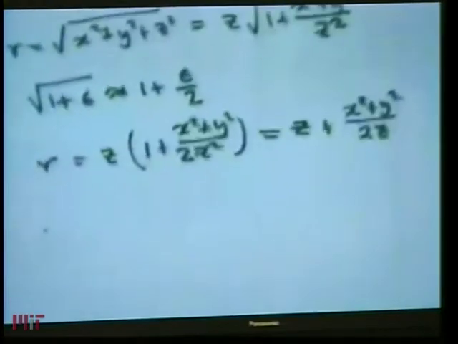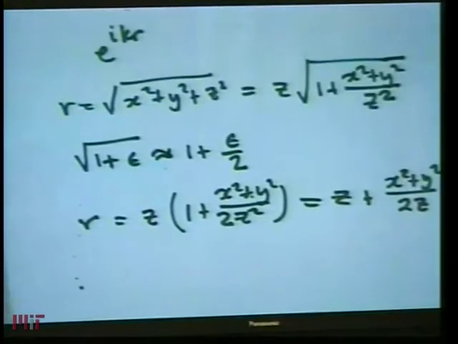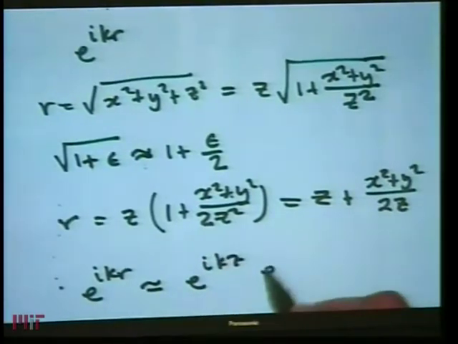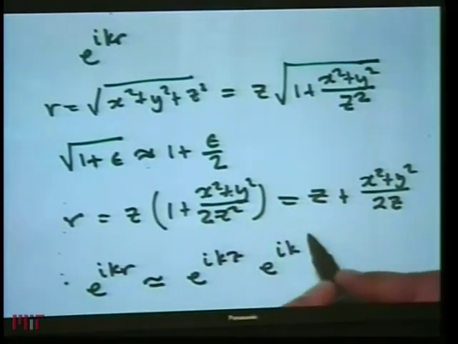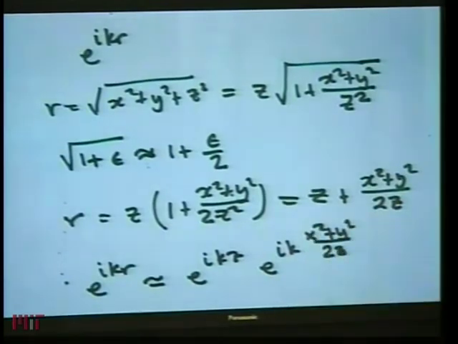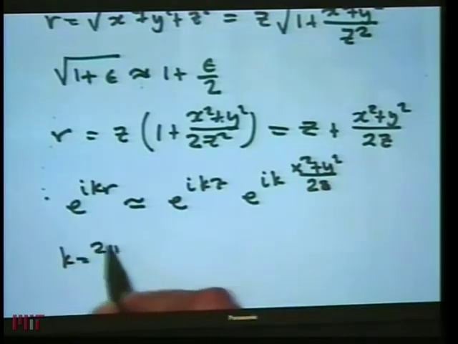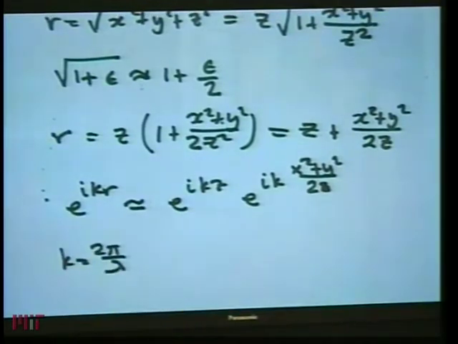And now I can of course put it in my expression. So this means that e to the i k r is approximately equal to e to the i k z times e to the i k times x squared plus y squared over 2z. And sometimes we leave it like this, or sometimes we remember that k equals 2 pi over lambda, right?